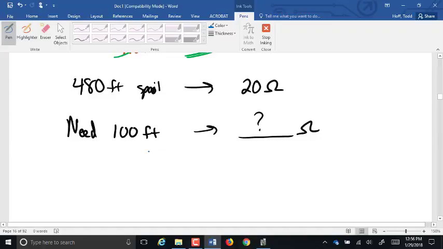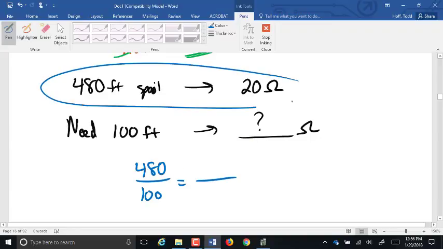Okay, so we have the distances. Some put 480 feet over 100 feet. On the other side, where's the 20 go? Does the 20 go with the 100 or the 480? With the 480. So we cross multiply and divide. 100 times 20 divided by 480 is 4.2.